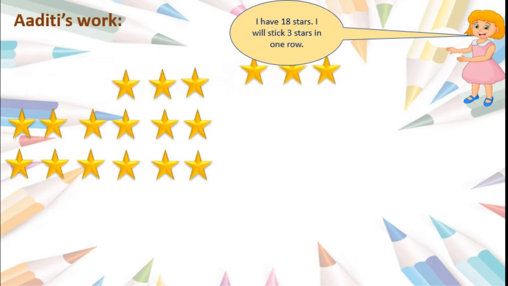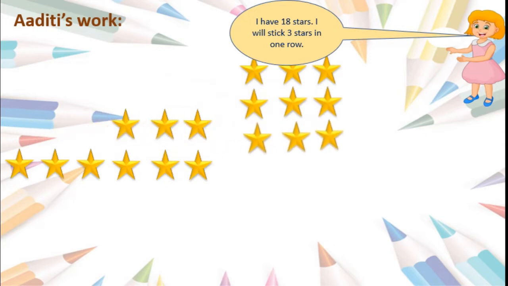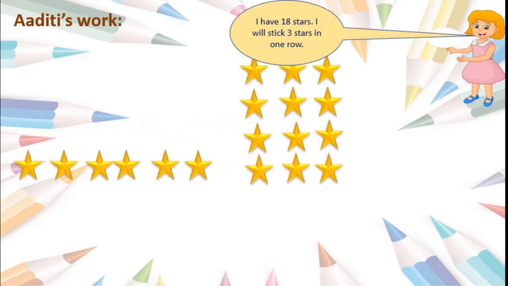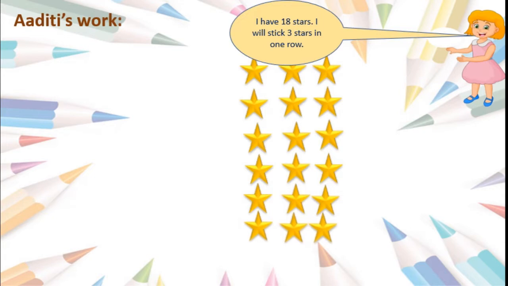Okay, this is the first row, 3 stars. Here second row. Third row. Fourth. Fifth row. And the sixth row. See, she stuck all 18 stars in 6 rows and in each row she stuck 3 stars.